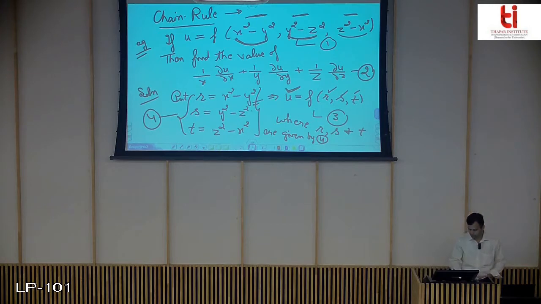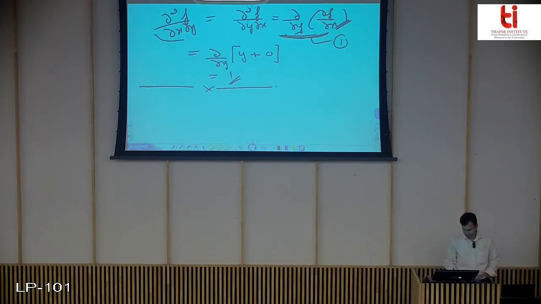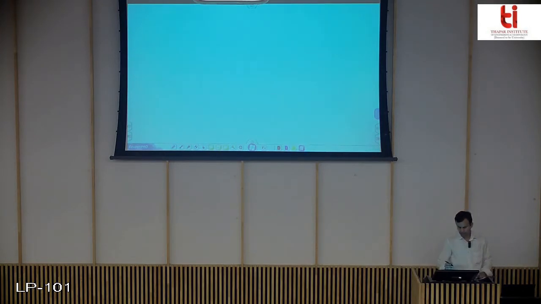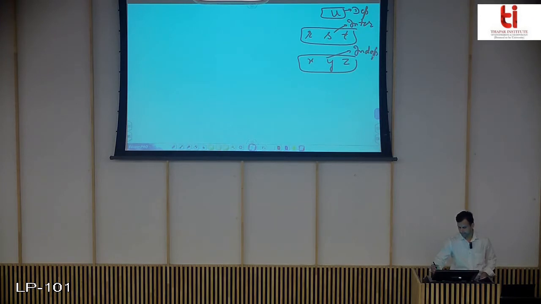So what is the situation here? You now get u as a function of r, s and t, and they in turn are functions of the variables x, y, z. Here u is your dependent variable, these are your intermediate variables, and these are your independent variables.